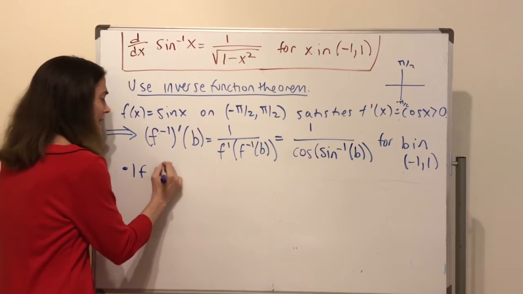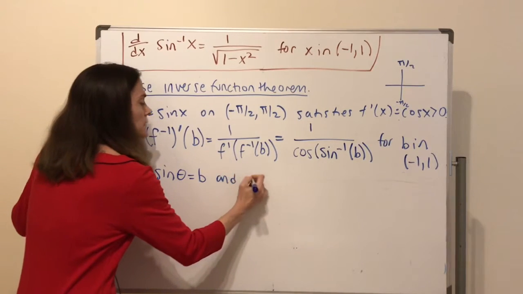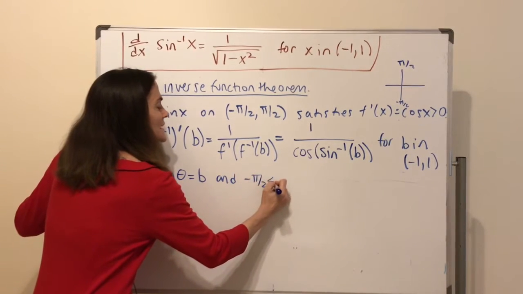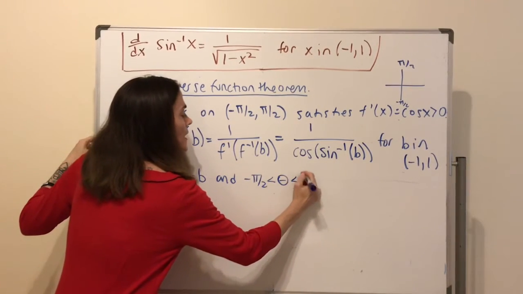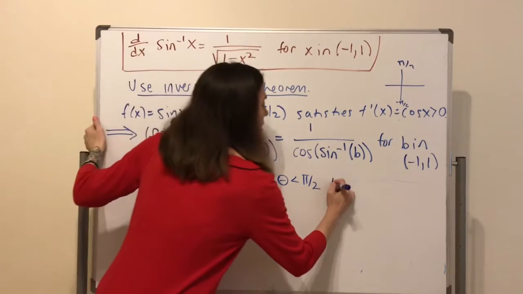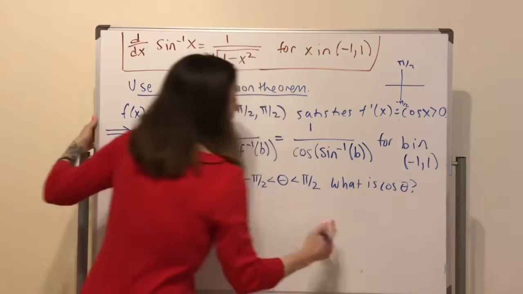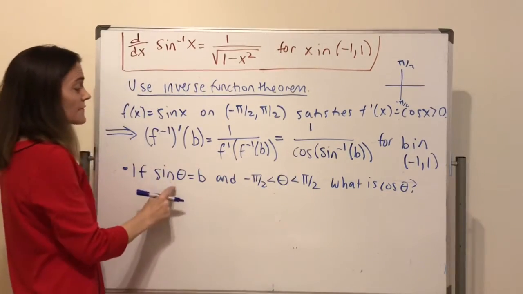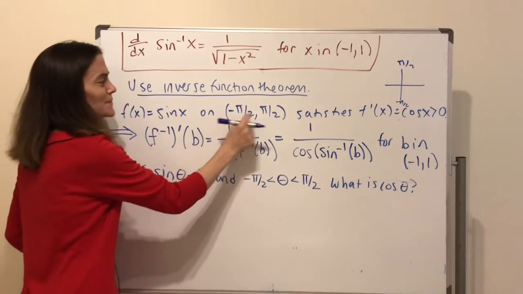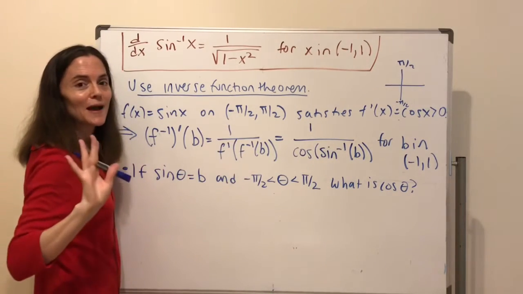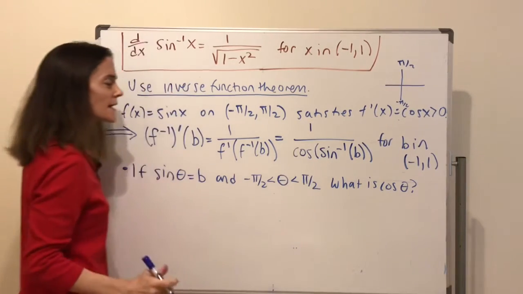If the sine of theta is b and theta is strictly between minus pi over 2 and pi over 2, what is cosine theta? If you have sine value equal to b and you're sitting between minus pi over 2 and pi over 2, what is the cosine?